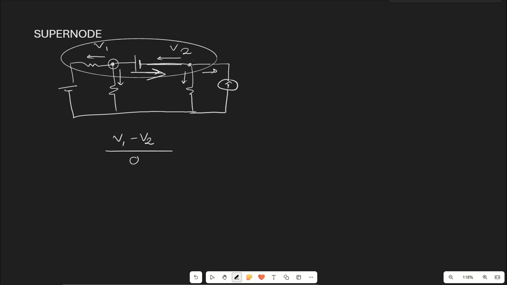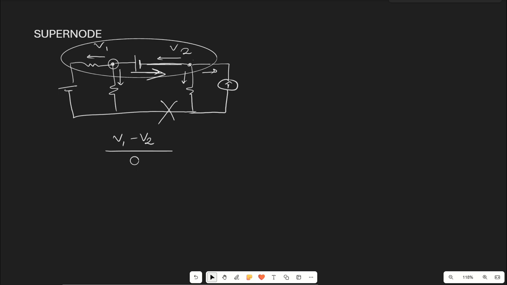If we put 0 here, this becomes indeterminate. So in that case we cannot solve this circuit using our normal concept of node analysis. That is why this type of nodes, which share a voltage source in between them without any other resistances, is called a supernode.